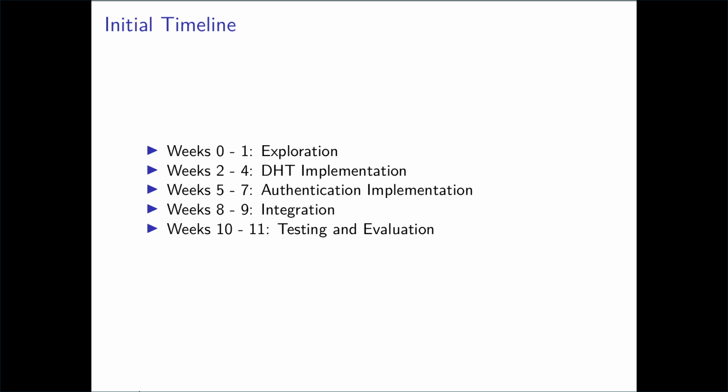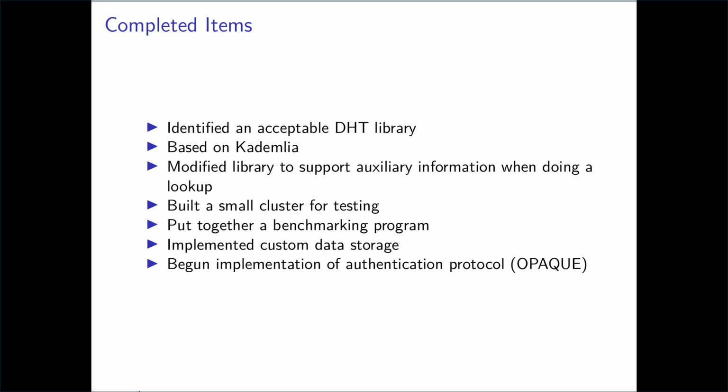Weeks 5 to 7 on our authentication. Weeks 8 and 9 on integrating our authentication with our distributed hash table. And then weeks 10 to 11, testing and evaluation of the system. And we will talk a little bit about where that has gone correct and where that has fallen down so far.